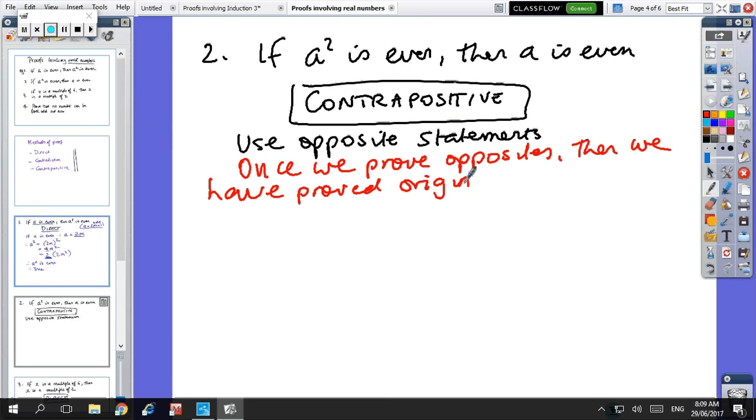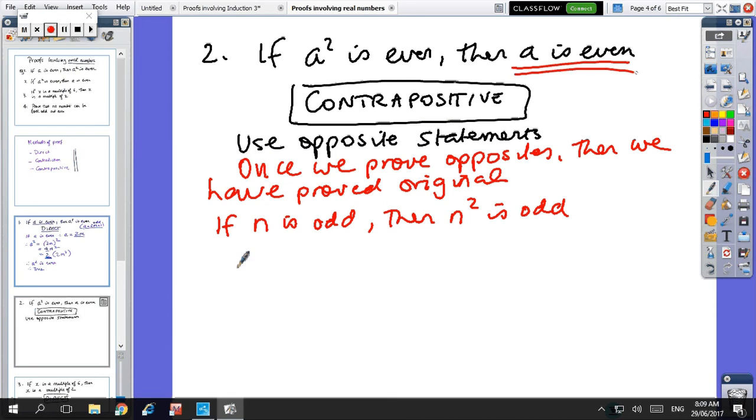Okay, so if we can prove the opposite, then we have proved the original. So the opposite is, if n is odd, then n squared is odd. Okay, so with the contrapositive, we start from the back and work our way forward.